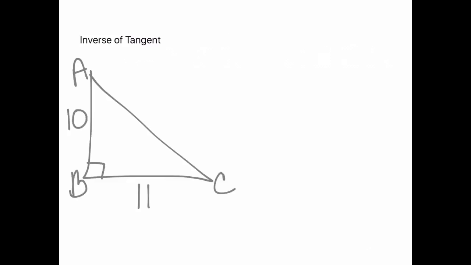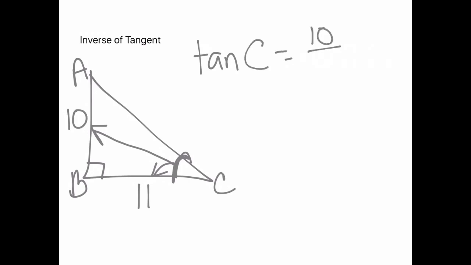All right, last thing is the inverse of a tangent. Sometimes they will give you a triangle that looks like this, and they might want you to find the degrees of angle C. So we can use the tangent function here and go opposite over adjacent. So the tangent of angle C would equal 10 over 11. But notice this time we're actually solving for the angle, not for one of the sides.